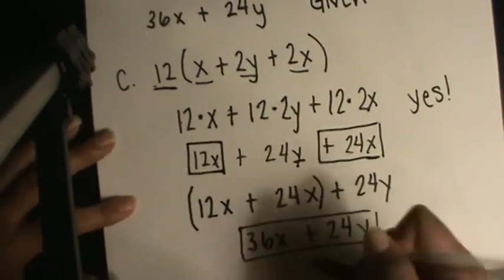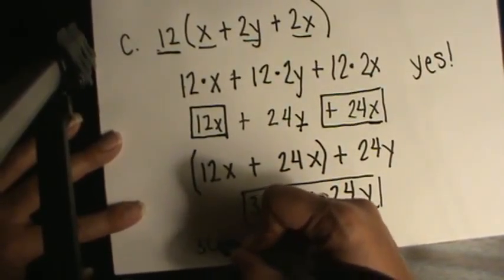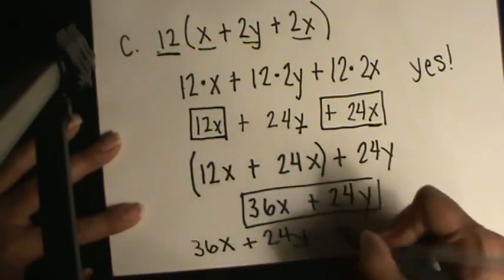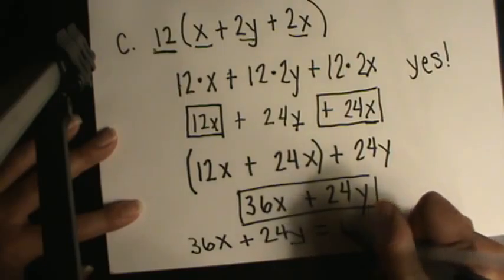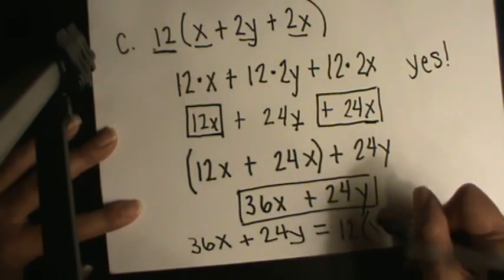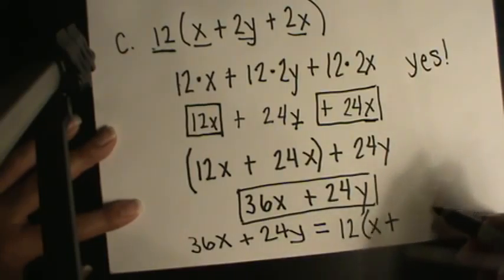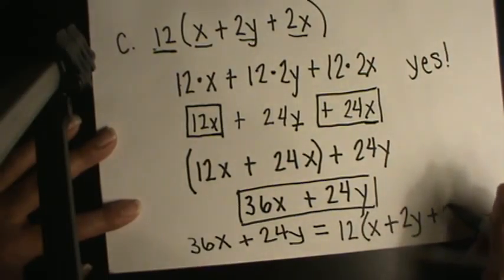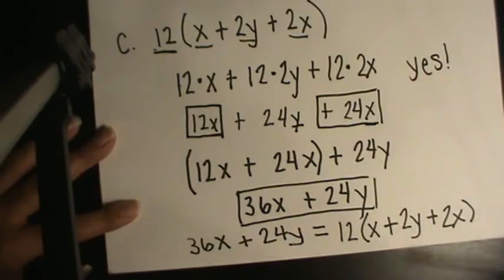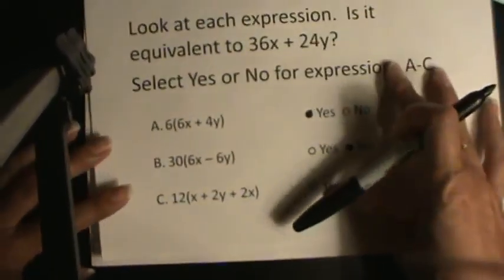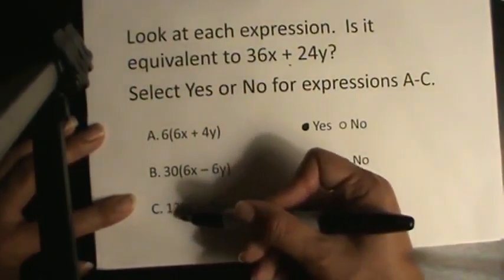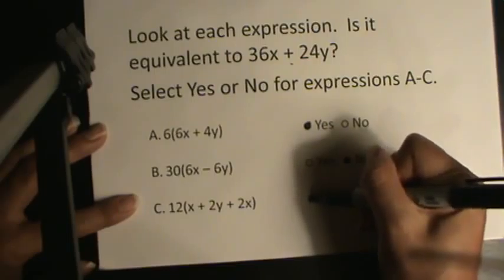So what that means is 36x plus 24y is equivalent to 12 times the quantity of x plus 2y plus 2x. So we are now finished, and I go back. This expression here in my given is equivalent to C, so I place yes.